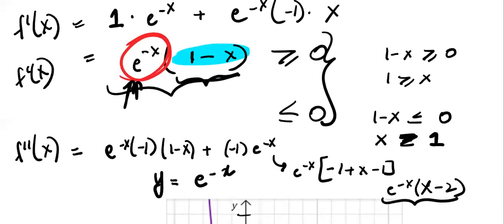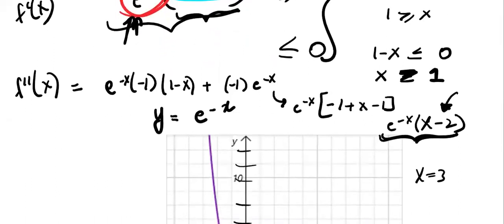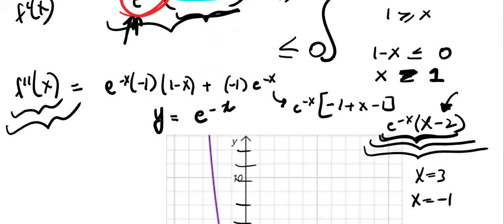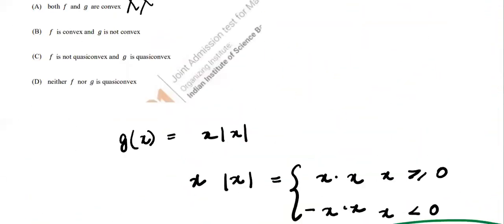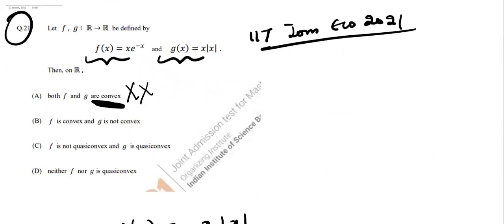This can be greater than 0 or less than 0 depending on the values of x. If x is 3, then this entire second order derivative is greater than 0. If x is minus 1, then it is less than 0. So it's not strictly greater than 0, and convexity checks for the sign of the second order derivative.